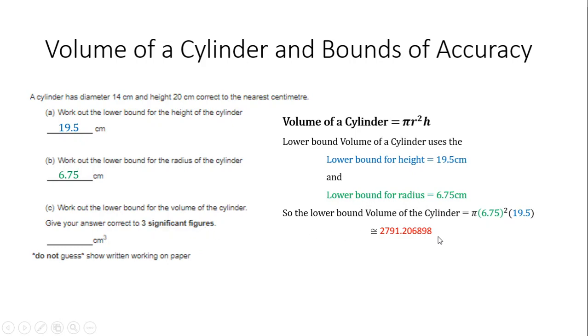So don't put all of those digits. 3 significant figures, 3 non-zero digits, 2, 7, 9, with a 1 after it is going to stay a 9. 279, and I need the 0, otherwise 279 is way smaller than the actual volume of the cylinder. The 0 is just a placeholder, it's not significant. So our answer is 279 centimeters cubed.